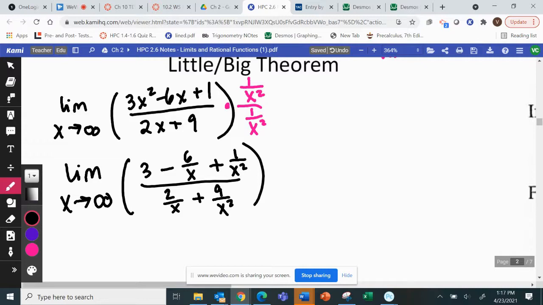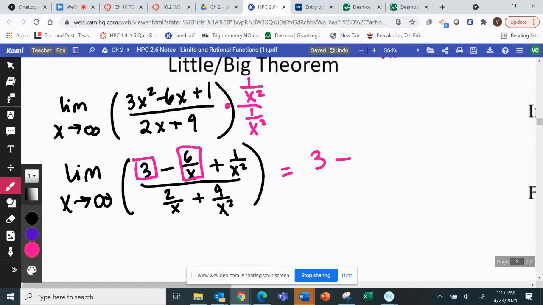And now I'm going to use this limit on these individual pieces, the individual terms. So I'm going to look at just 3. If x is getting closer to infinity, that does not change the 3 at all. We've got this minus 6 over x.